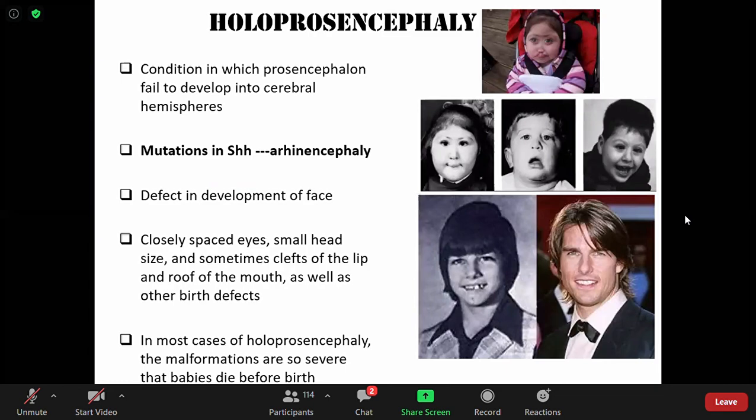So you can see that this is a portion wherein the brain is not fully developed. You can see human beings whose brains are not fully developed, especially the cerebral hemisphere. I will not go deeper into that.